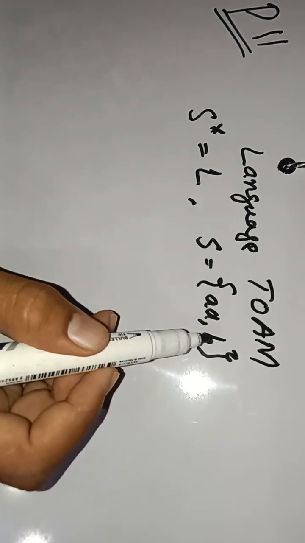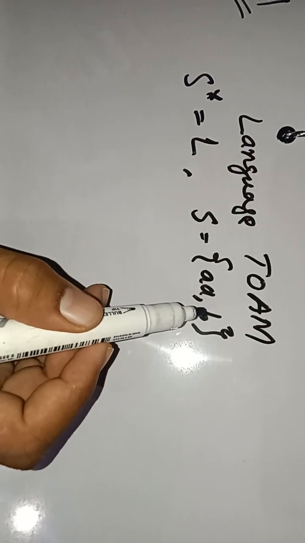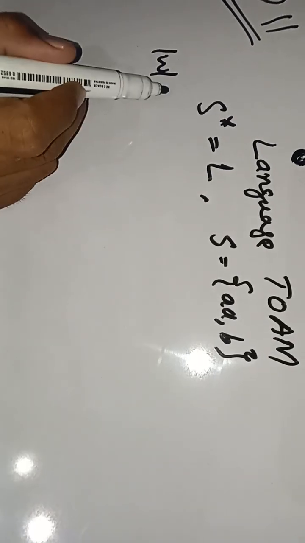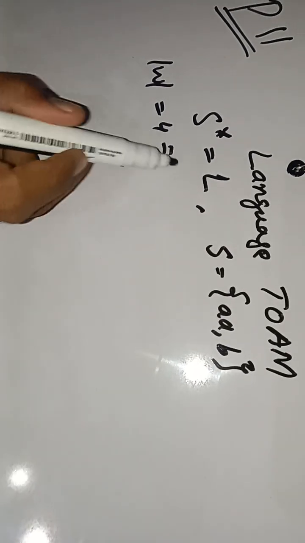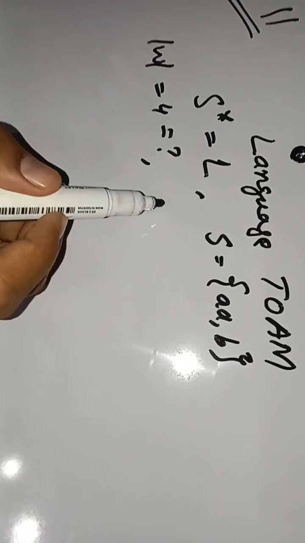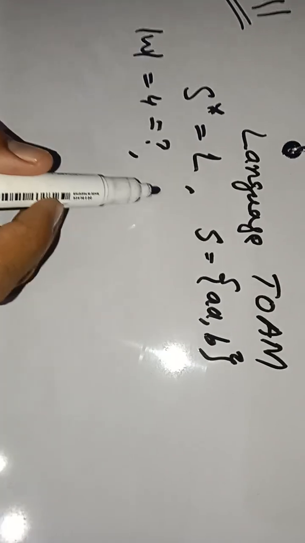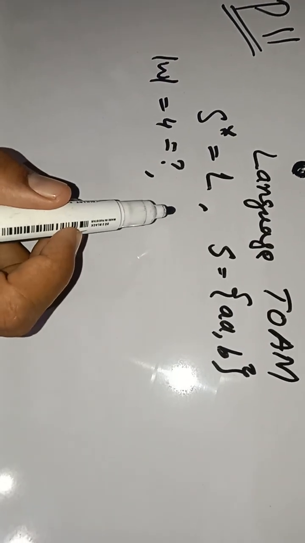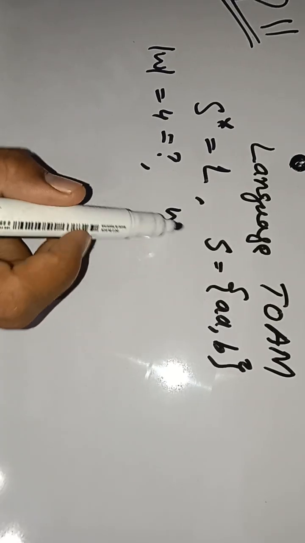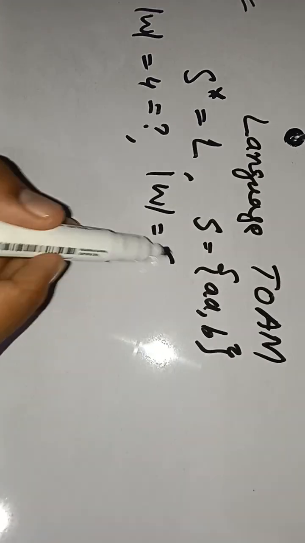Now the question says, how many words does this language have of length 4? Again, we have to find the words of length 4, and then how many words of length 5.